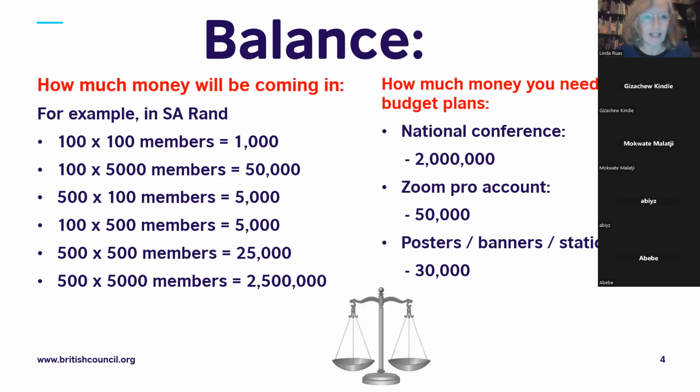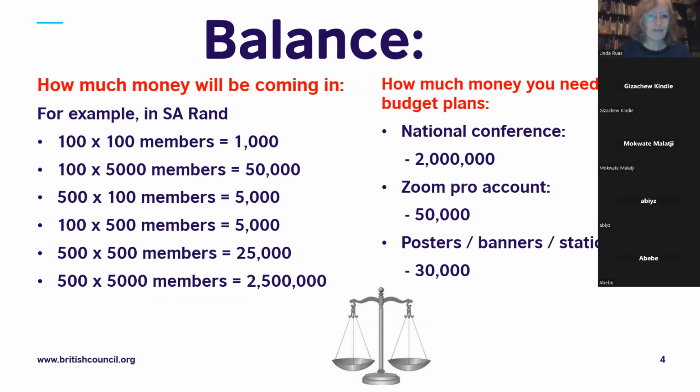This is about the balance, of course, and this is an example, from South African Rand. So this is the budget balance, and you've got to balance the books with how much is coming in and how much you need. So you've got to do the maths.